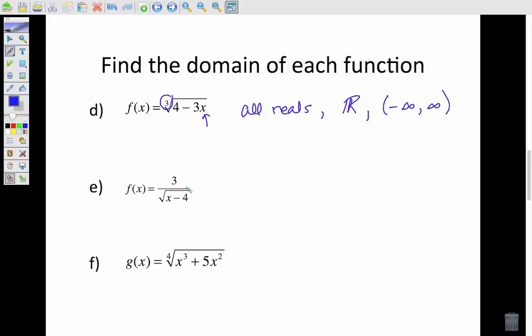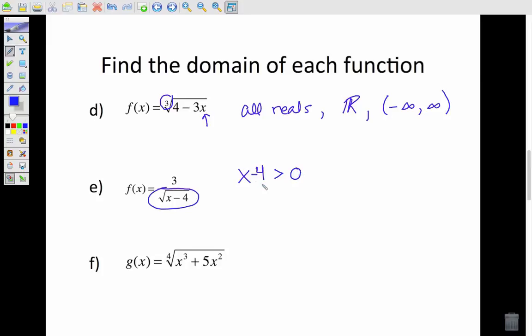All right, so example E. What you want to ask yourself is, is there anything wrong with the expression? Is there anything that would cause a division by 0? Yes, possibly, or maybe taking the square root of a negative. Well, here you can see we've got a double whammy. Not only does x minus 4 have to be greater than or equal to 0, but it can't equal 0 either because then you're dividing by 0.